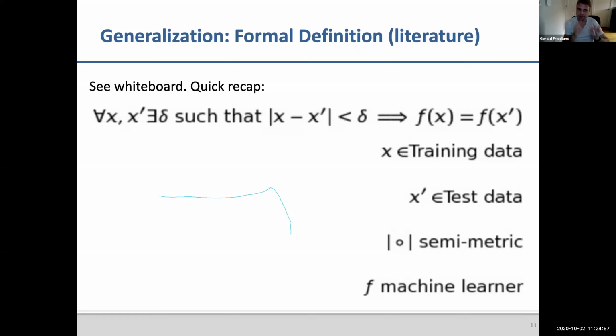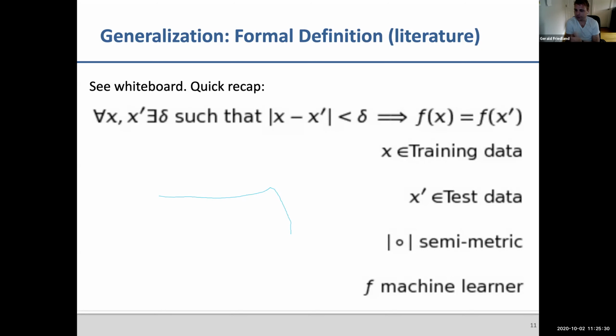For some distance measure that we have to find out by using training, when the cat and the cat prime are close enough, within a delta, I will label the cat cat and I will label the cat prime cat too, okay?